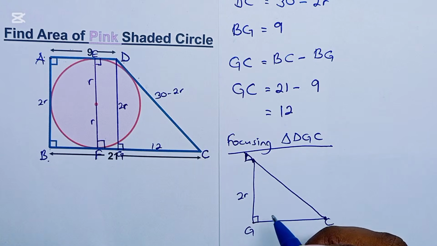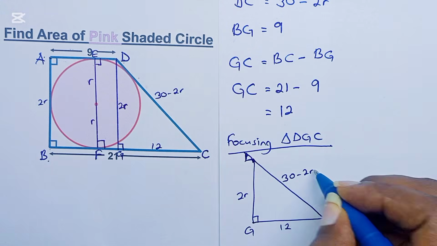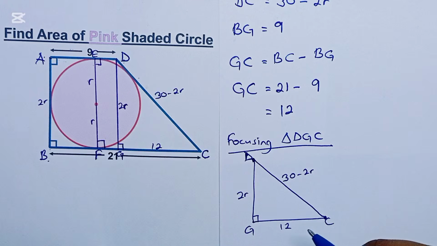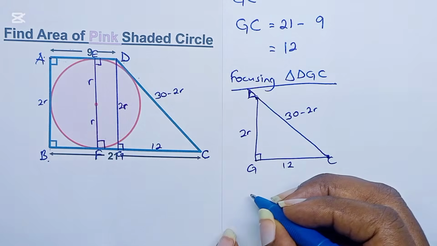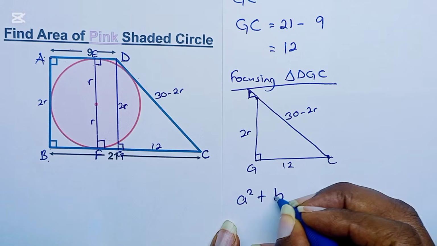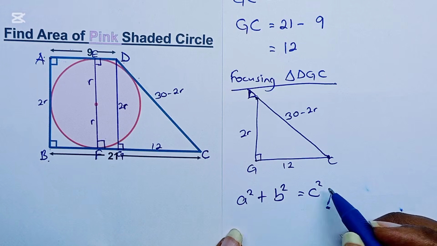This is 90 degrees. This side GC is 12, and this side DC is 30 minus 2r. Since it's a right angled triangle, we are going to use the Pythagoras theorem to solve: a squared plus b squared is equal to c squared.